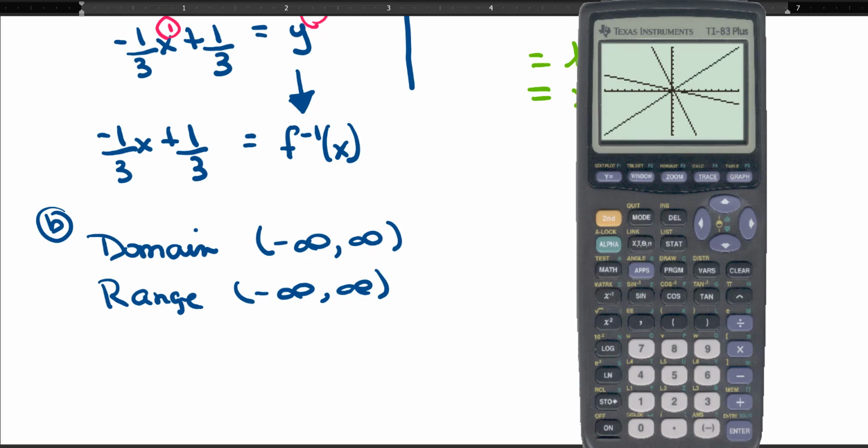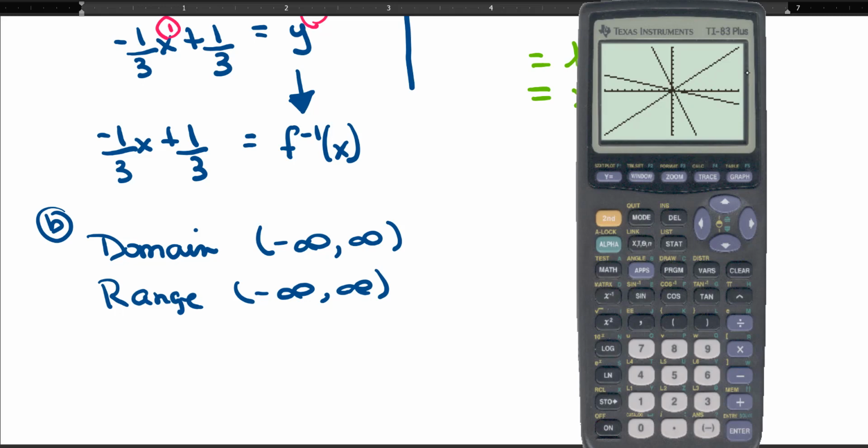Okay, so here is our reflection line that I'm pointing to. If we fold it at this reflection line, then these graphs are going to touch. So your original function and your inverse function are going to be mirror images of each other. So there's going to be some symmetry there.